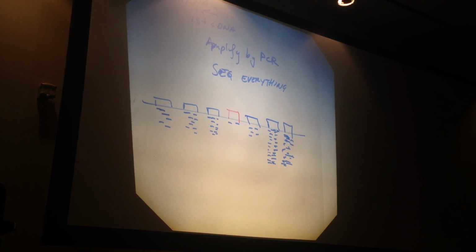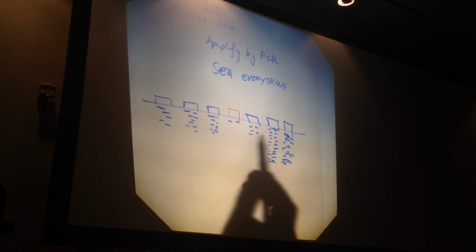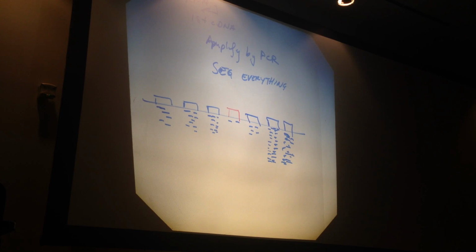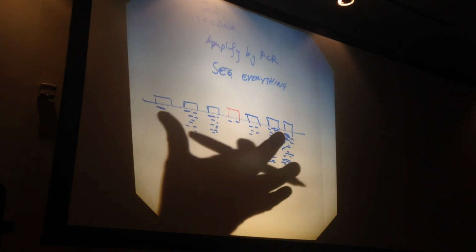Takes some doing, but there's some sophisticated software to do it. You can allow for one mismatch, because remember, nothing is perfect. DNA sequencing reads will have mismatches. You can say where that mismatch is, at one end or the other end or in the middle. You can ask anything. And what you get is an alignment of all the sequencing reads, and you can map them onto the exon.